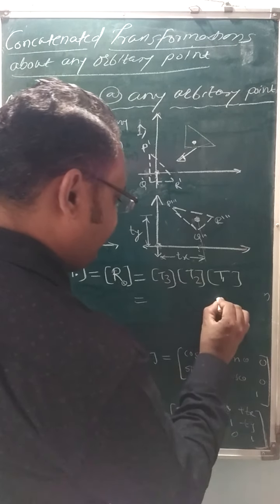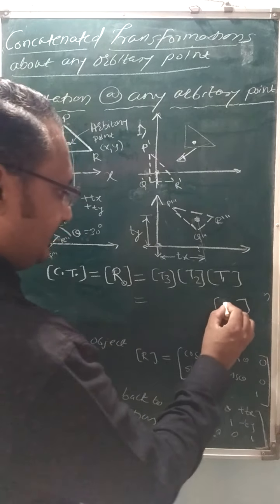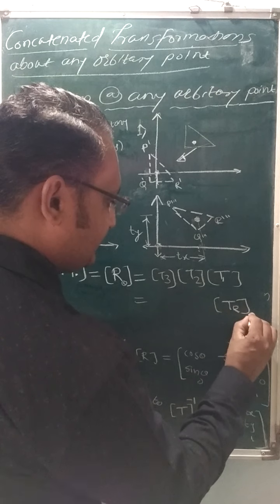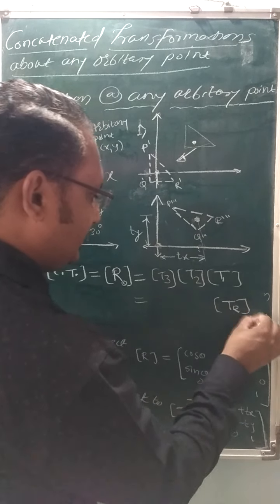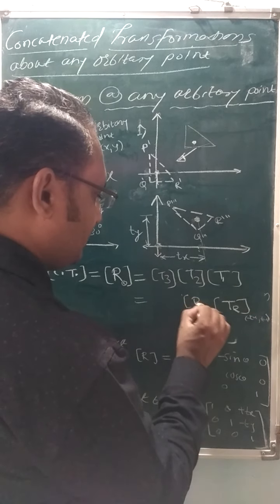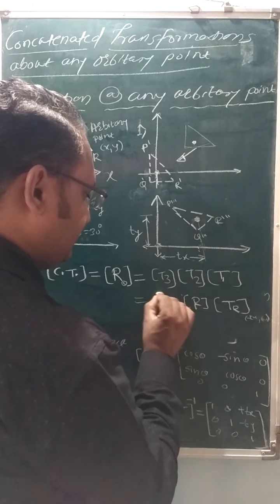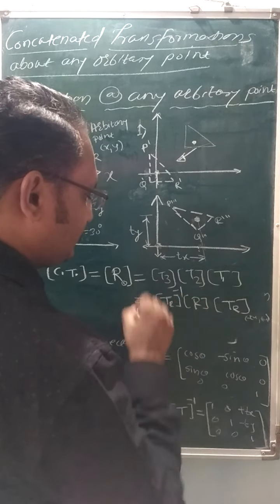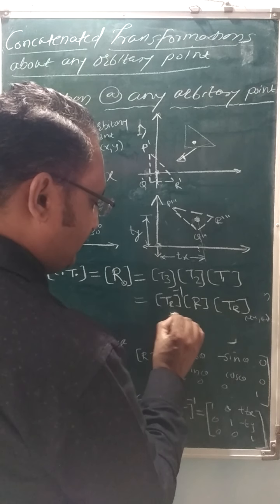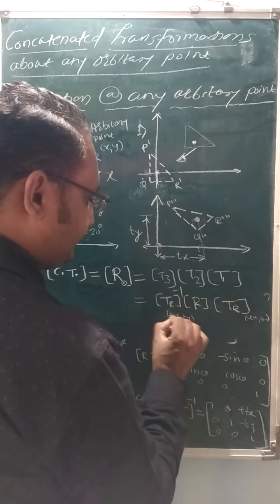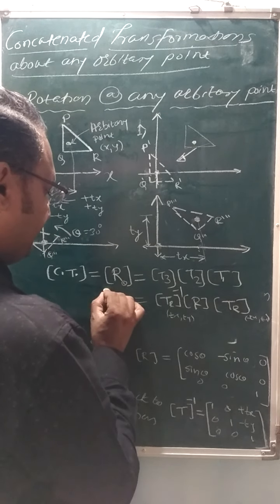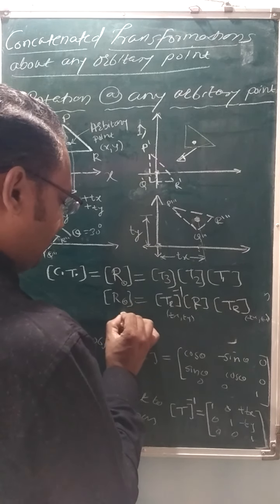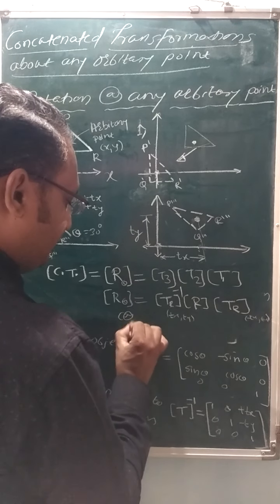In this case, first T1 is the translation matrix by distances minus tx and minus ty. Then this one is our rotation matrix, and this one is the inverse translation matrix by distances plus tx and ty. So this is the final rotation matrix about an arbitrary point.